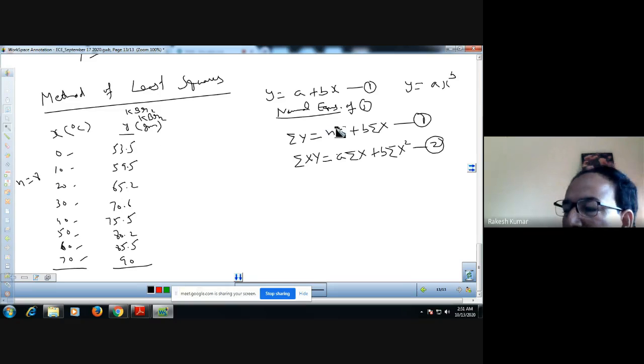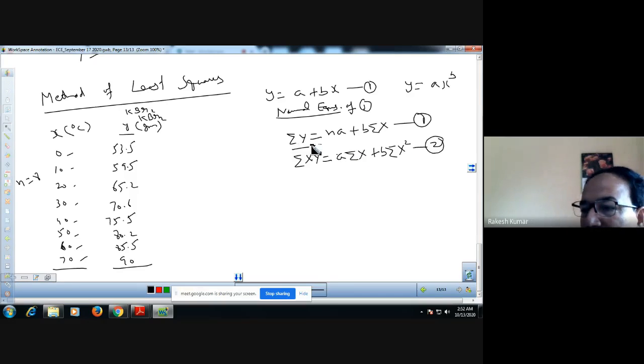The constants will be as they are with the summation of x, but remember, the small letters will be changed to capital X. Similarly, in the next equation you will multiply with x. There will be no term for a, it will be as it is, so sigma xy equals a sigma x plus b sigma x squared.